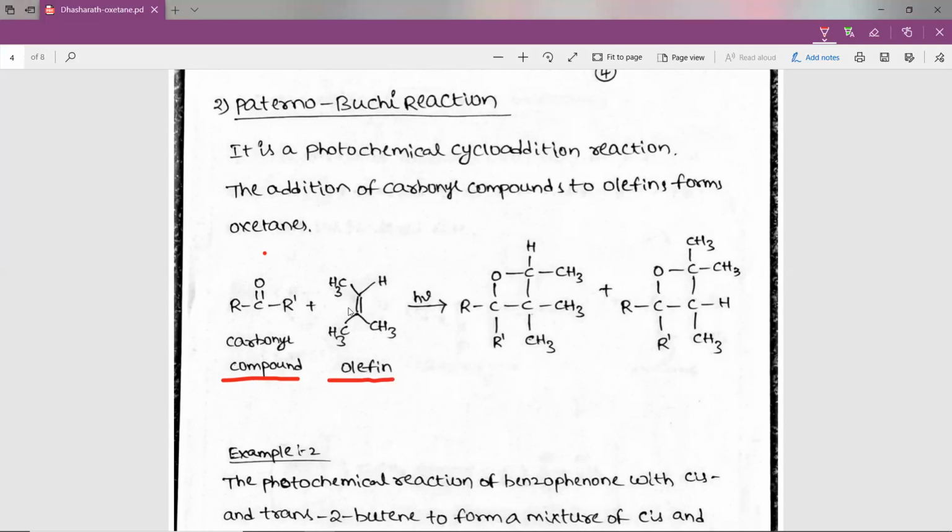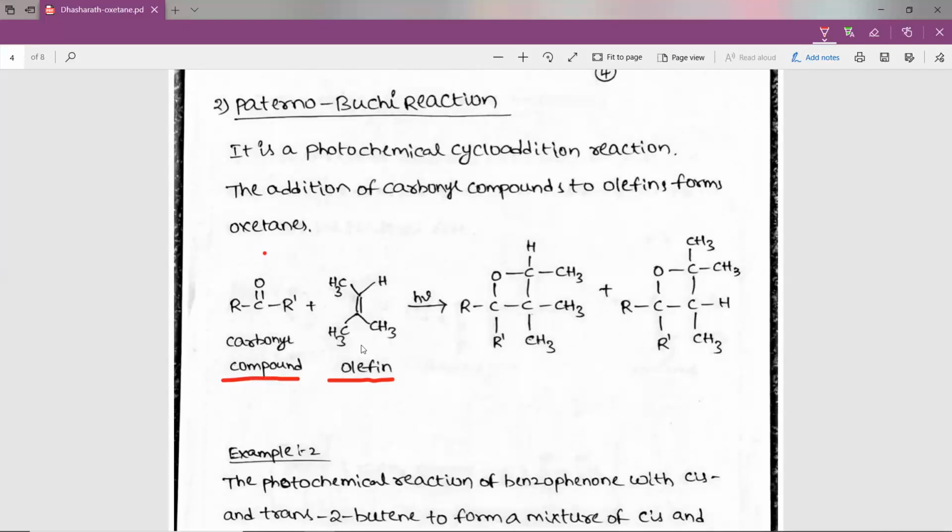With unsymmetrical olefins, we get two oxetanes. We can see variation in the position of the alkene. Here we can see CH3, CH3 adjacent to oxygen and H, CH3 here. In the other compound, the H, CH3 carbon is adjacent to oxygen.